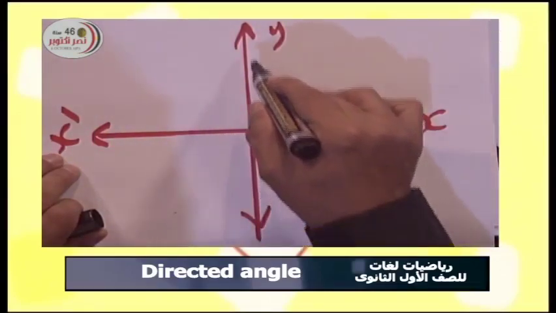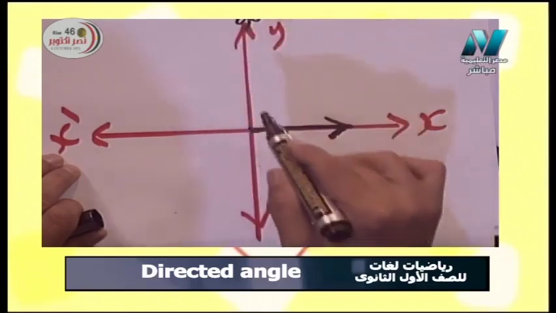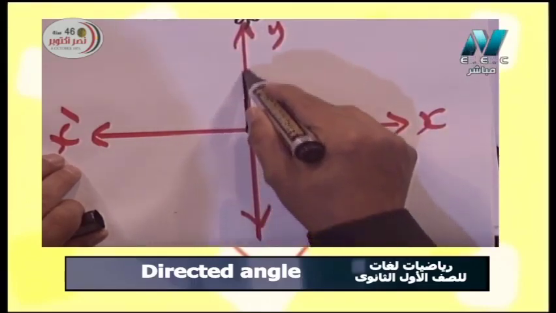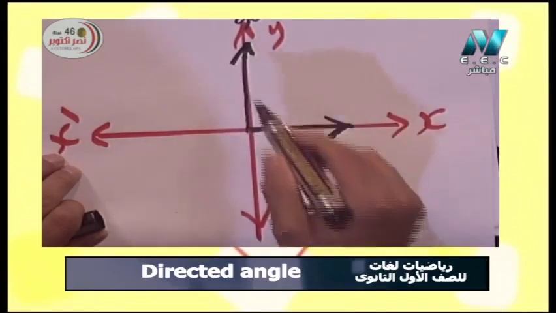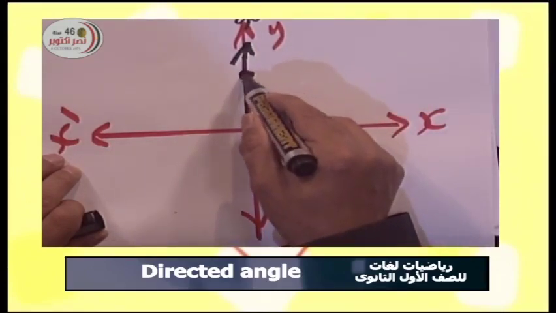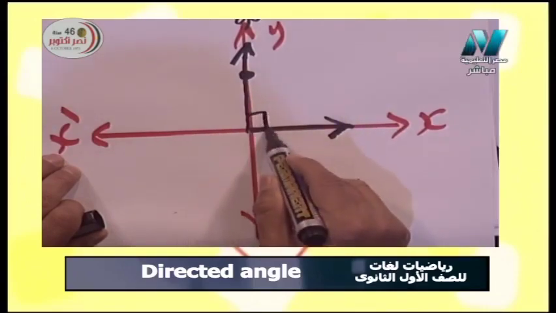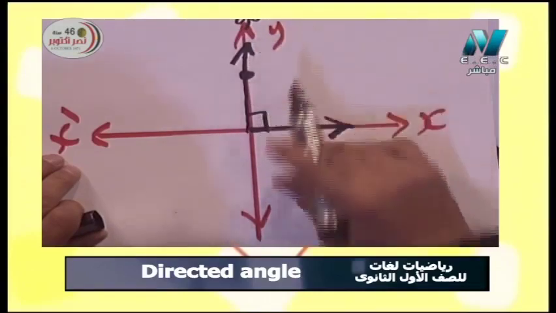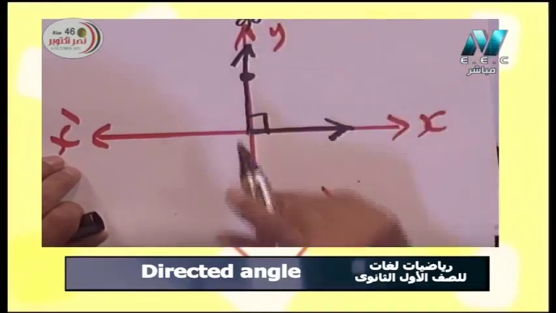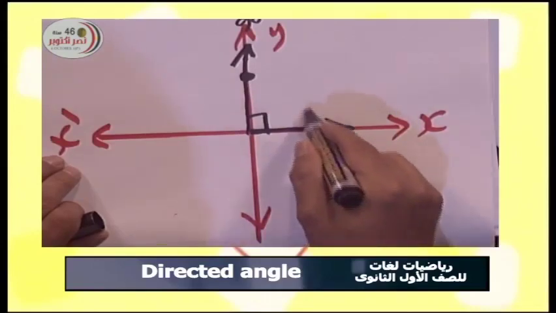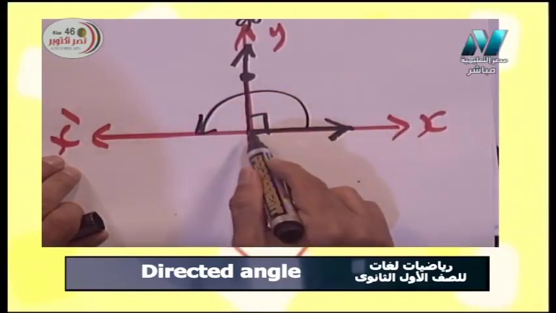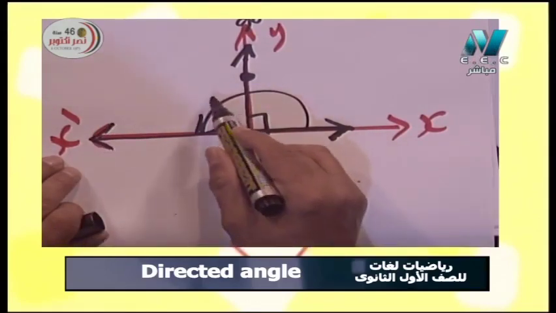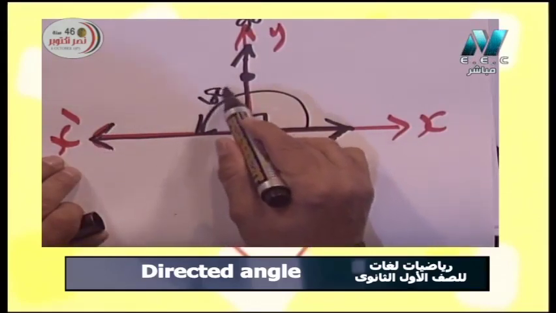If we have 90 degrees, we have its initial side here and terminal side here, so it's a quadrantal angle because its terminal side lies completely on the y-axis. 180 degrees, its terminal side lies here and its measure is 180 degrees.